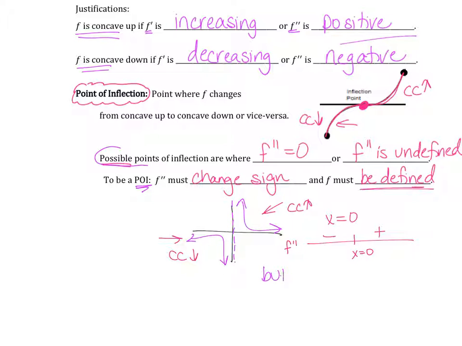So that's the f must be defined part. So it does change concavity, but in this particular graph, you would say there is no point of inflection because, again, where it changes concavity, there isn't a point. So you have to check for that as well. So let's do an example and put this all together.